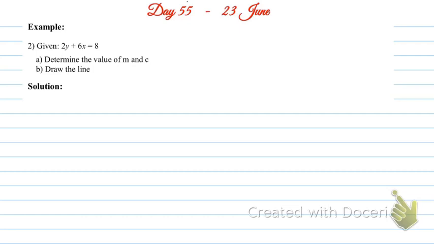Okay, the first example in your note says, given 2y plus 6x is equal to 8, determine the value of m and c. Okay, so I know that I have to get it into the standard form.